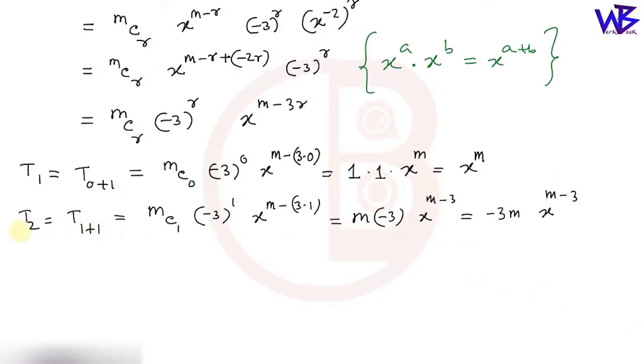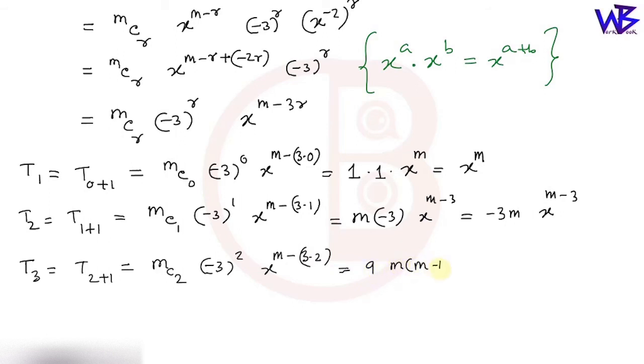Now T3 can be written as T(2 plus 1), which will be equal to mC2 into minus 3 to the power 2 into x to the power m minus 3 into 2, which is equal to 9 times mC2, which is m into (m minus 1) divided by 2, into x to the power m minus 6.